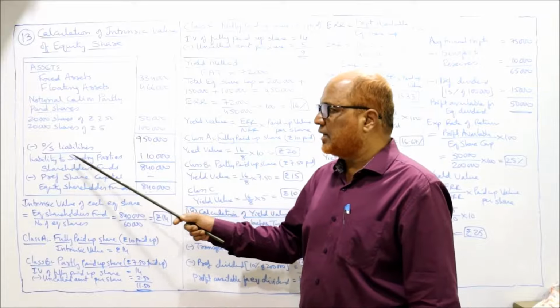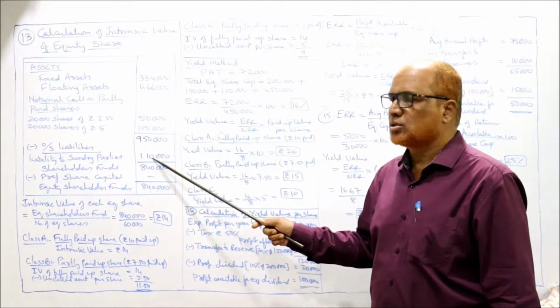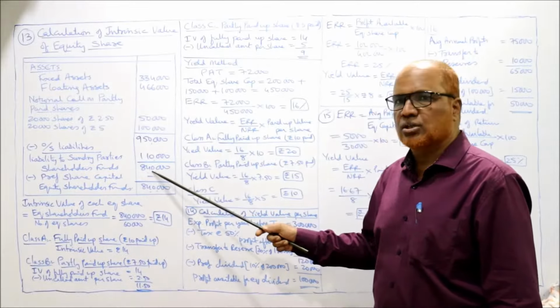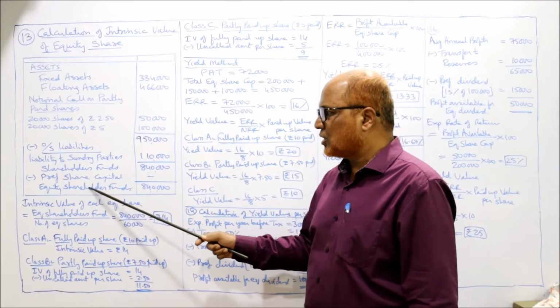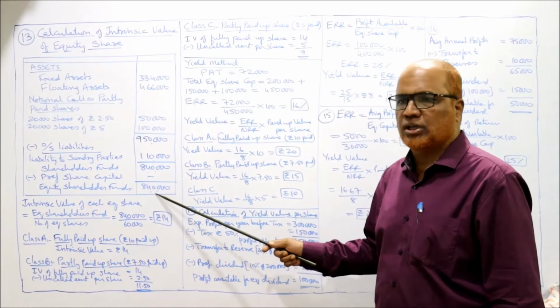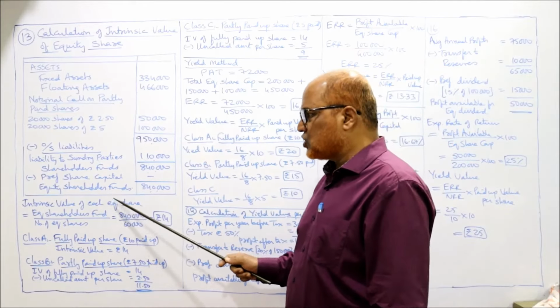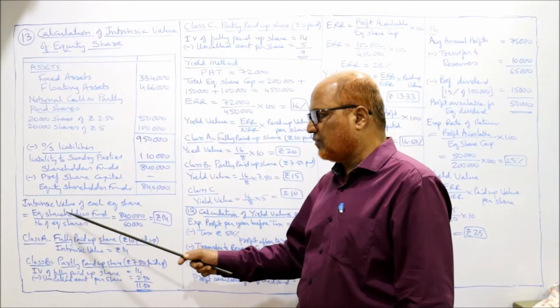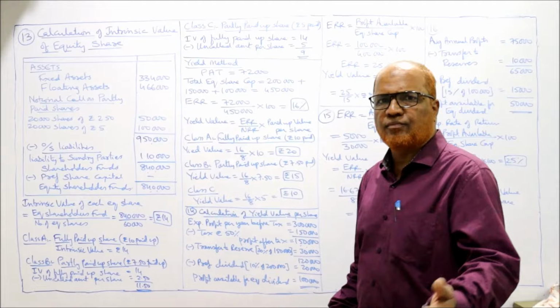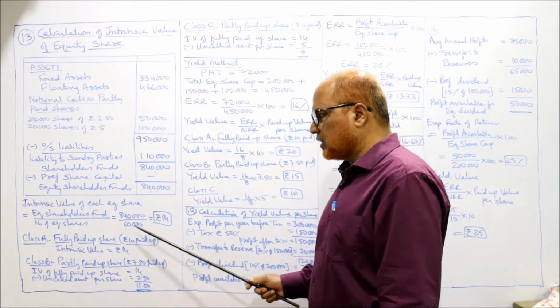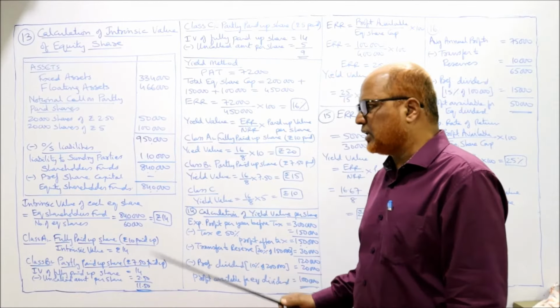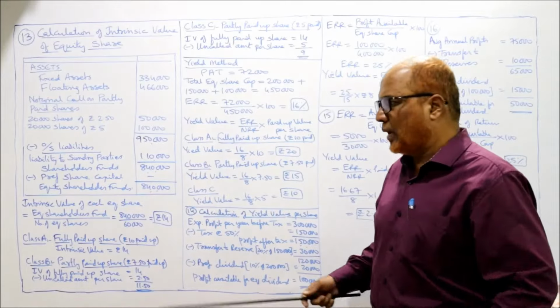Outside liability, liability to sundry partners 1,10,000. So shareholders funds 8,40,000. Now intrinsic value of each equity share is equity shareholders fund divided by number of equity shares. Same formula will apply. So 8,40,000 divided by 60,000 will get 14 rupees as the intrinsic value.